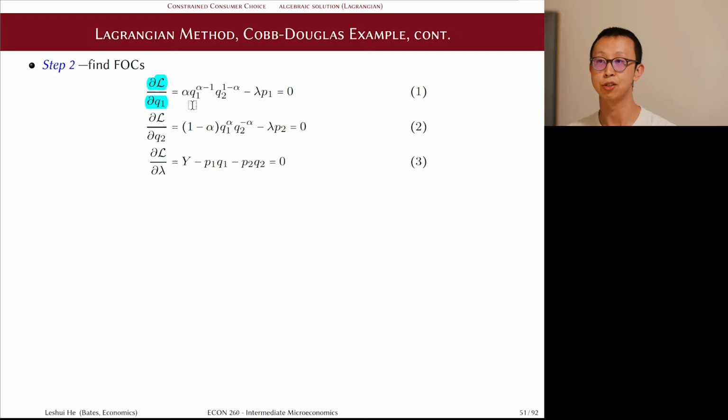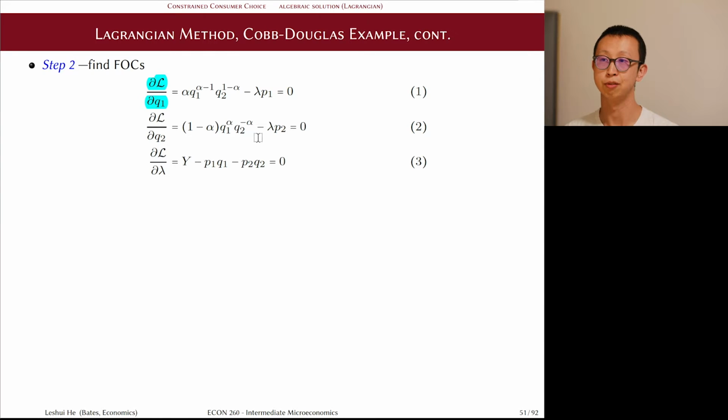So the power alpha just comes down, and the power on Q1 becomes alpha minus 1. Q2 to the power of 1 minus alpha does not really change, and this is the expression for the marginal utility. The second component is Q1's impact through the constraint component, and that is minus lambda times P1. And we force this condition to be 0, and there we have our first order condition.